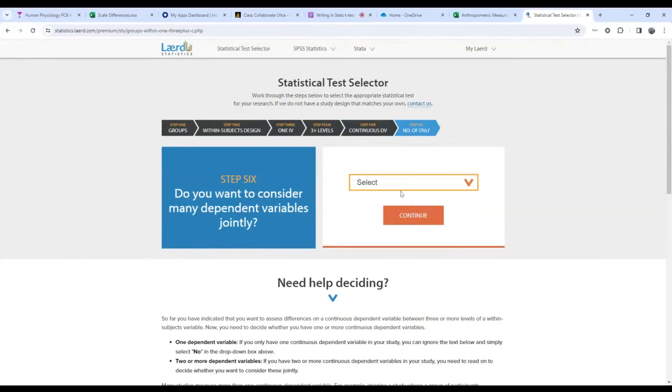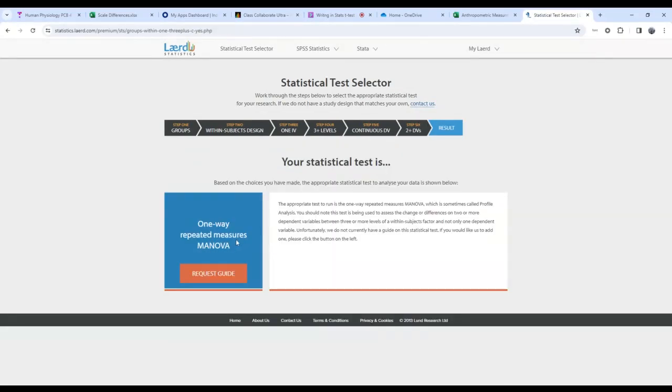And do you consider many dependent variables jointly? Sure. So what we've got is a one-way repeated measures ANOVA. Because I clicked that it was continuous, and that last one actually threw us into a different test. But anyway, that can be very helpful if you're not quite sure what statistics to run.